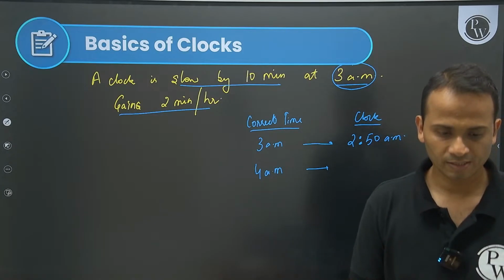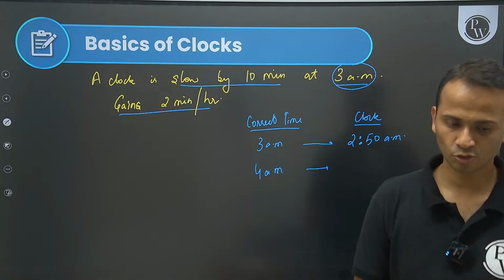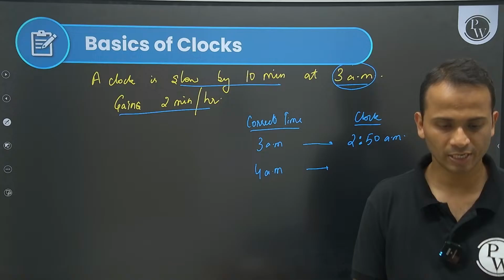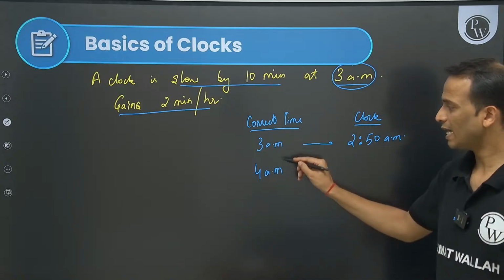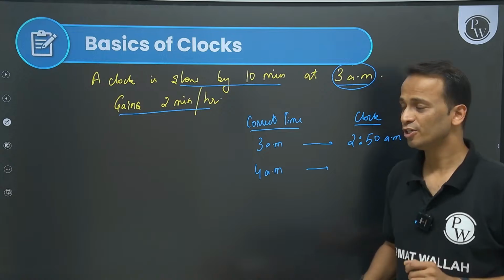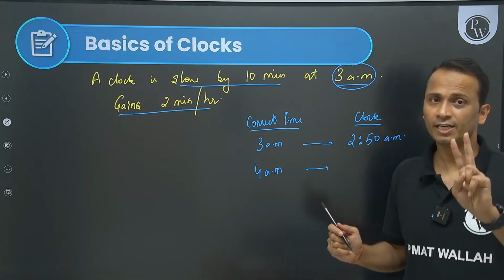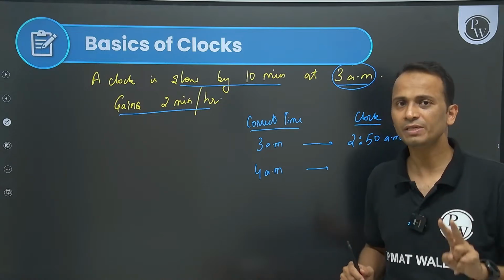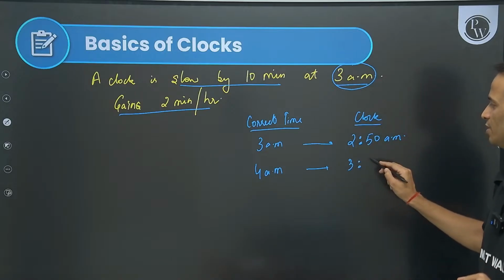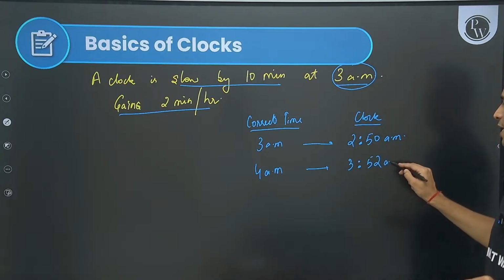So anyone else? Chinmay, good. So Tamanna, Ruchi, Chinmay, other students as well. Quickly write your answers. So 1 hour is elapsed here. Since this clock is gaining 2 minutes in every hour, so यहाँ पे 2 minute extra elapse होंगे. That means 1 hour 2 minutes. So the time shown here will be 3:52 a.m.